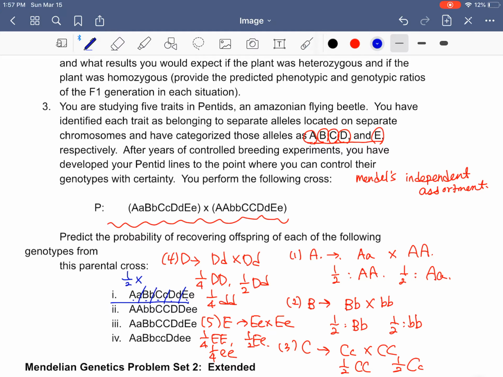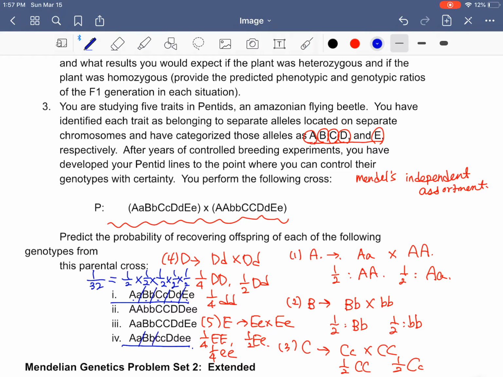So for allele B, the probability of heterozygous is 1/2, and for allele C, heterozygous is also 1/2. For allele D, heterozygous is 1/2, and for E, heterozygous is also 1/2. So all of these multiplied together would be 1/32.